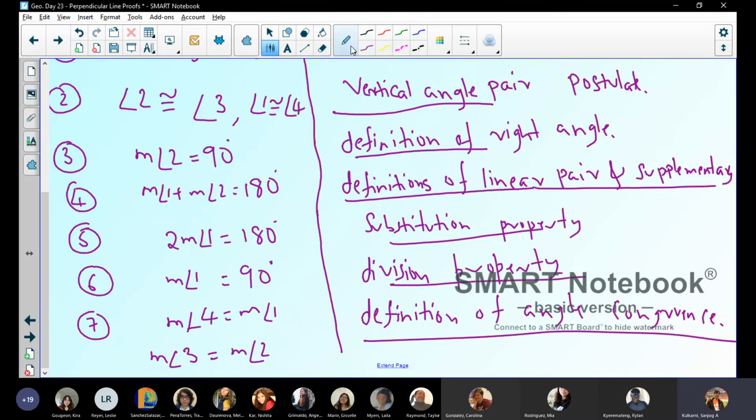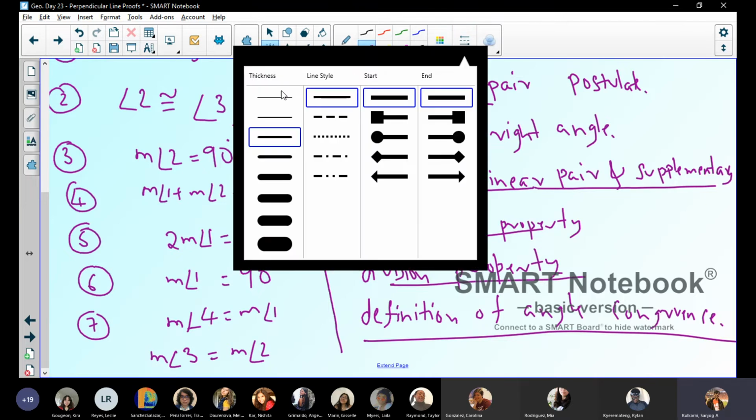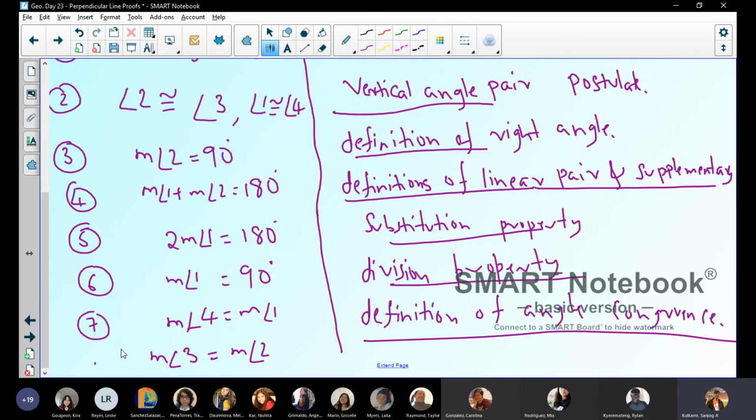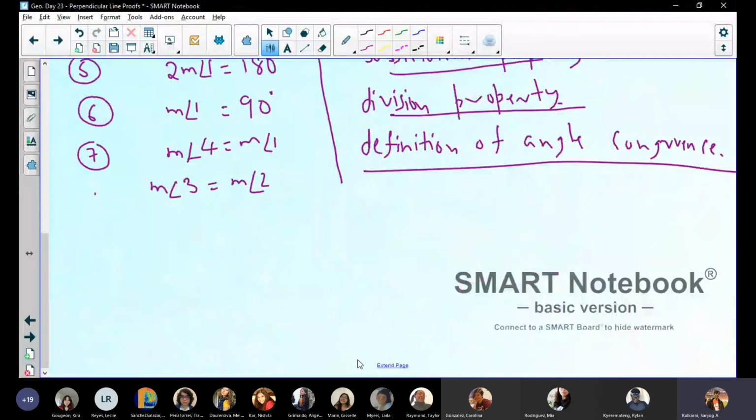Then last, I can apply substitution and get that last step, which is nothing but measure of angle 1 equals measure of angle 2 equals measure of angle 3.